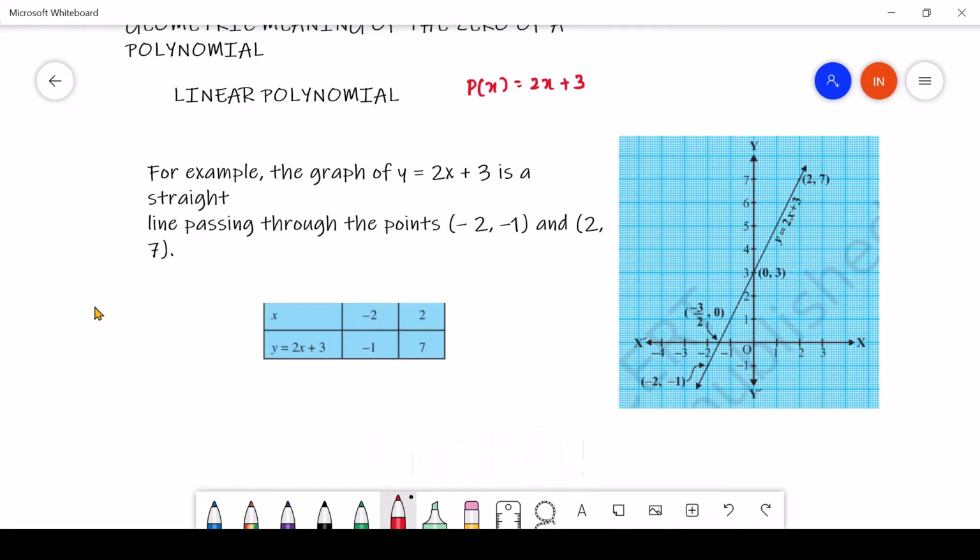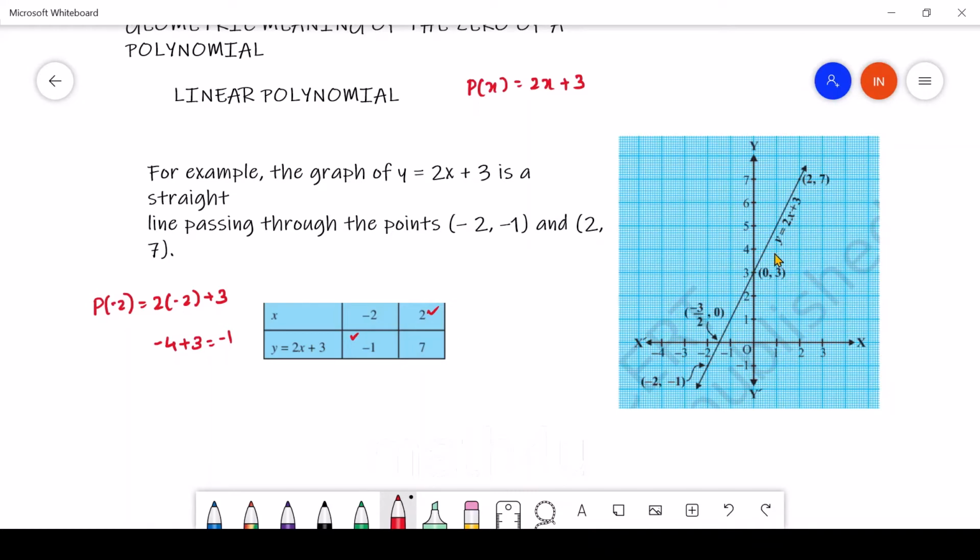So let's see what p of minus 2 is. That is equal to 2 into minus 2 plus 3. So minus 4 plus 3 is equal to minus 1. That is the value you got for y here, or for the polynomial. Similarly, when we put p of 2, you will get 7 as the answer.